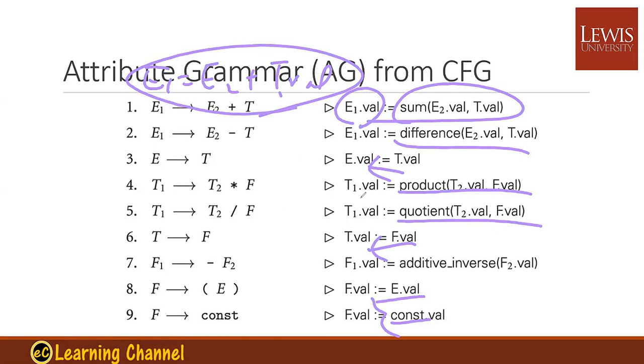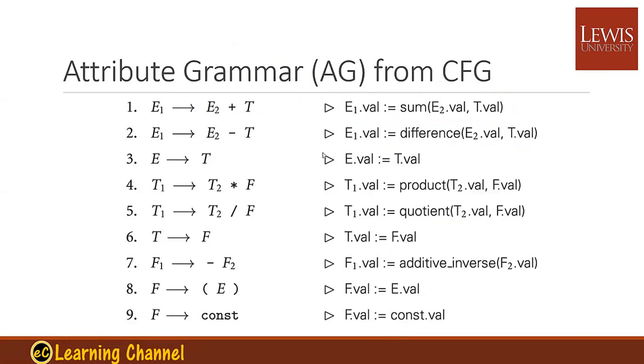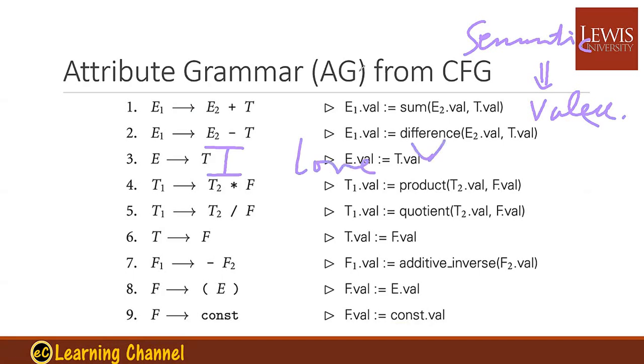So this is not hard to understand. Just based on the rule, saying right-hand side will produce what result to the left-hand side by the semantic. Semantic actually means value, right? Right? Maybe, I don't know.